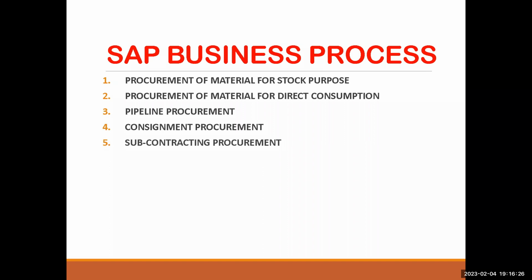Okay, so the next one is subcontracting procurement. So what is subcontracting procurement? Sometimes you see there are a lot of companies. Let's take the example of a motor company, any automobile company, right? To manufacture a car, you will need different types of products.